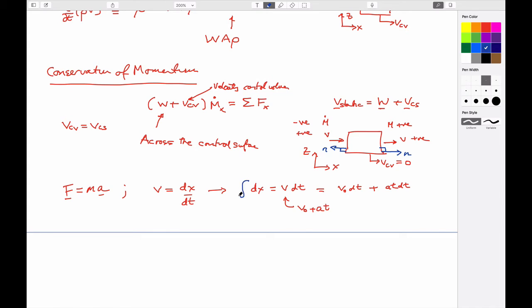And if you integrate these, you get x equals v0t plus a half at squared. You recognize that expression, right? And that may be useful as well. We talked about it in some of the questions that we've done, and so you might recognize its use.